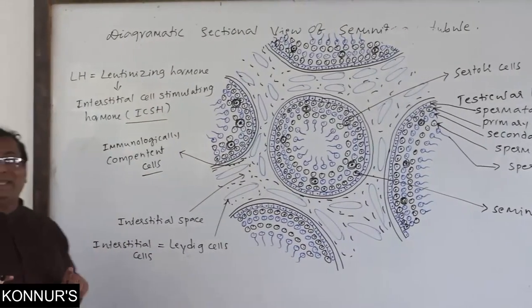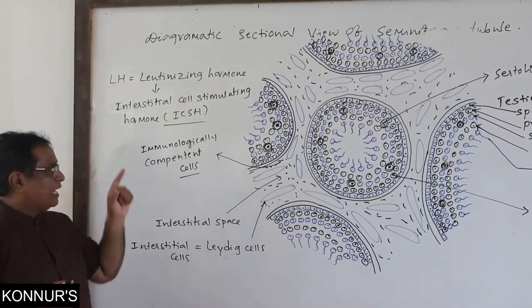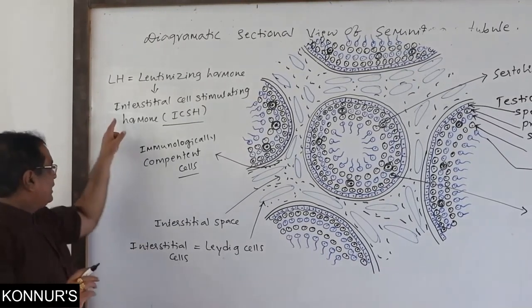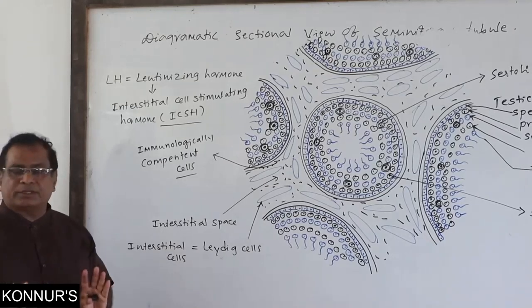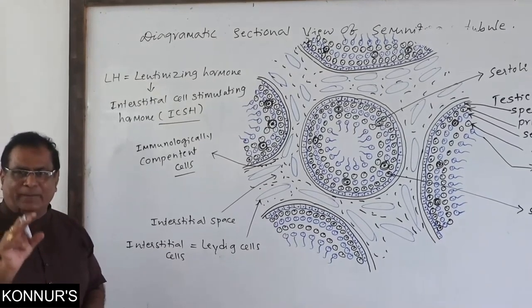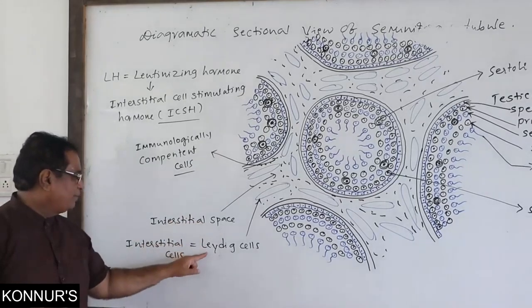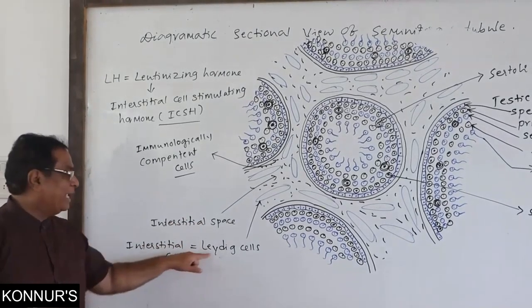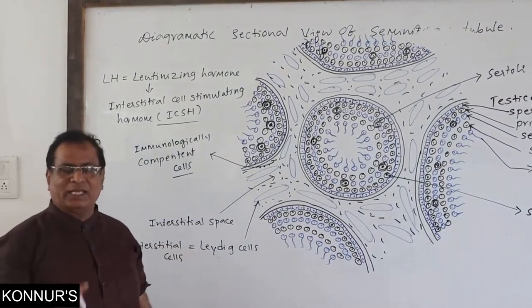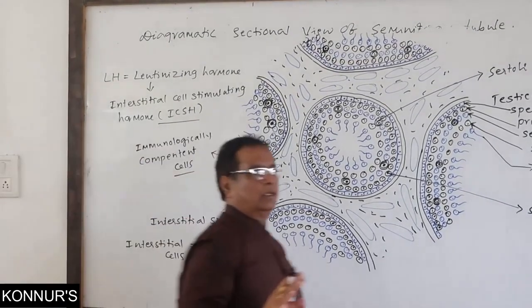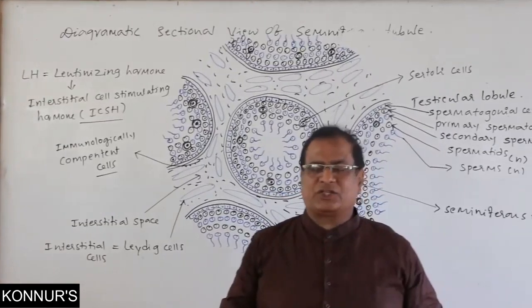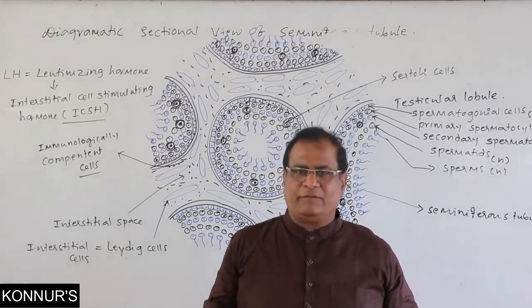The other name of LH, luteinizing hormone, is interstitial cell stimulating hormone, because LH in case of males stimulates the interstitial cells or Leydig cells to produce testosterone. It's about the diagrammatic sectional view of seminiferous tubules.